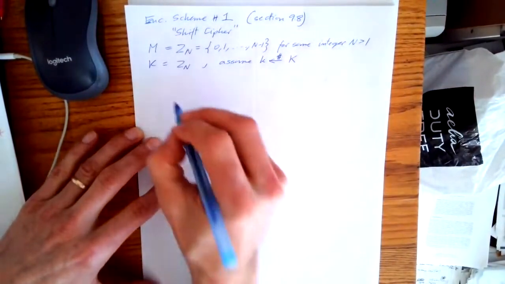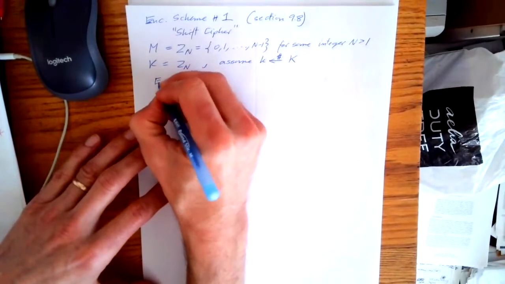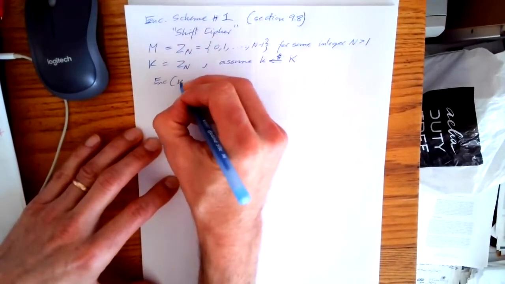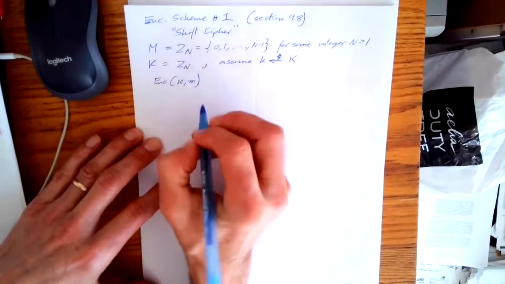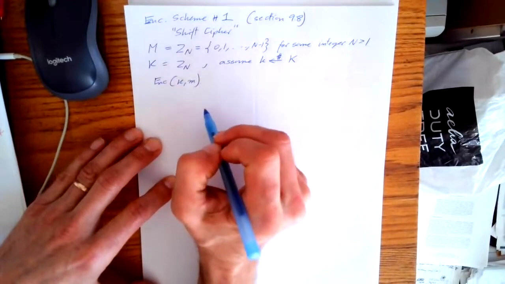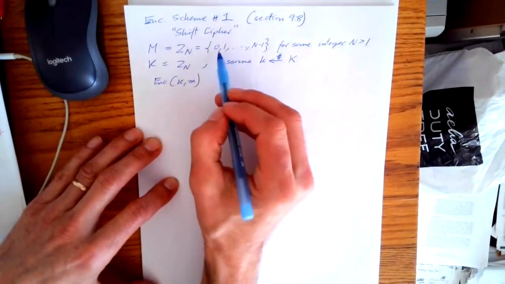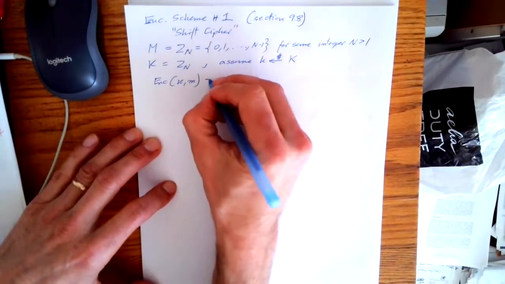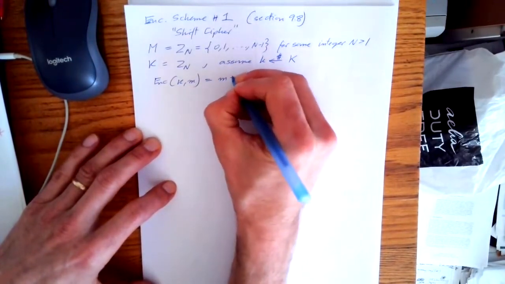Now, encryption, the shift cipher encryption, using such a key and such a message. So both key and message are elements in this space, some residues mod n. And what you do with them is that you simply add them mod n.